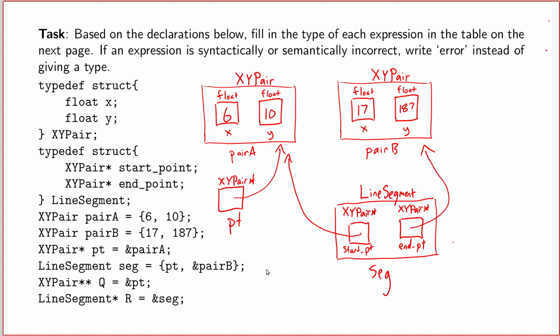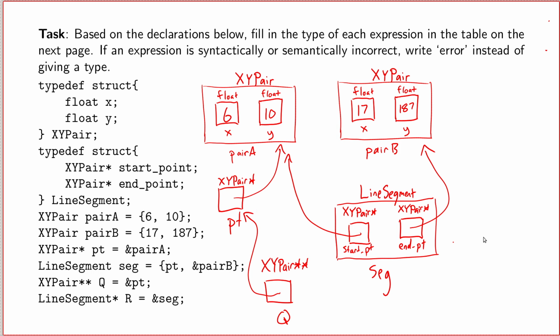Okay, there we go. Then we've got some more weird stuff happening. We've got XY pair star star, and that will be called capital Q. It will contain an arrow pointing at PT. We can verify that PT has type XY pair star, and so an arrow pointing at it will have type XY pair star star. That looks good.